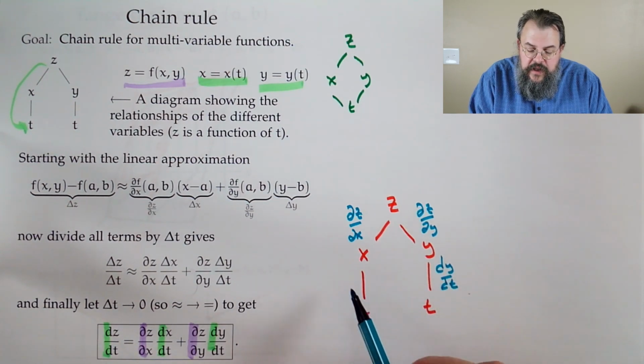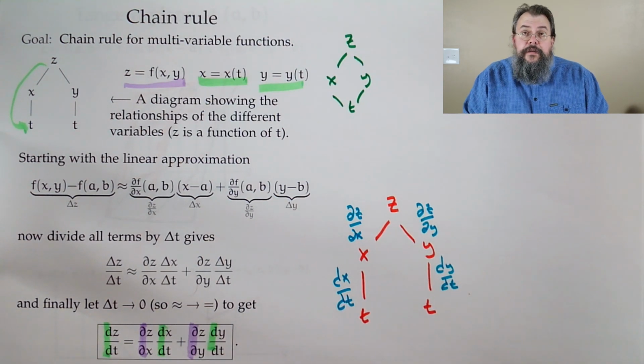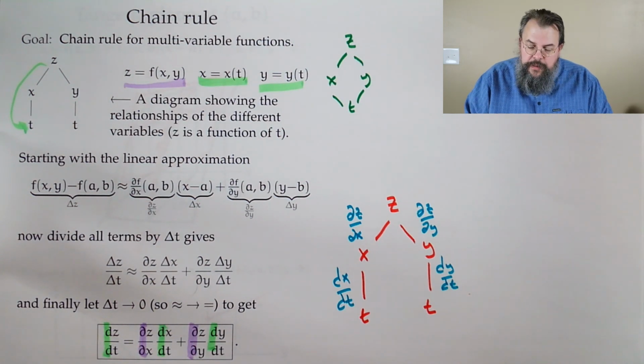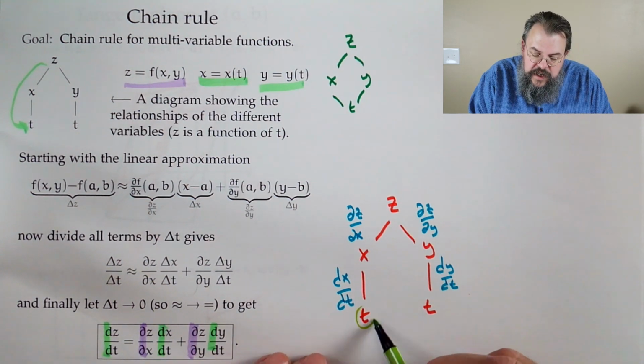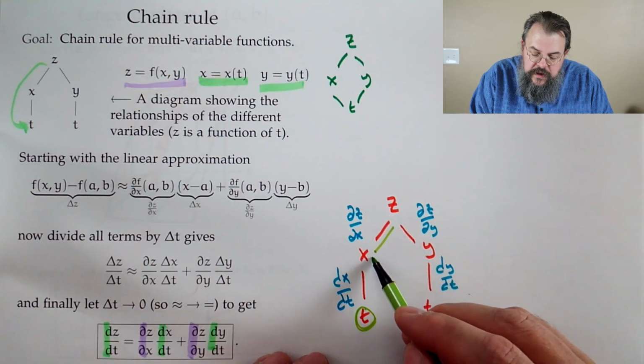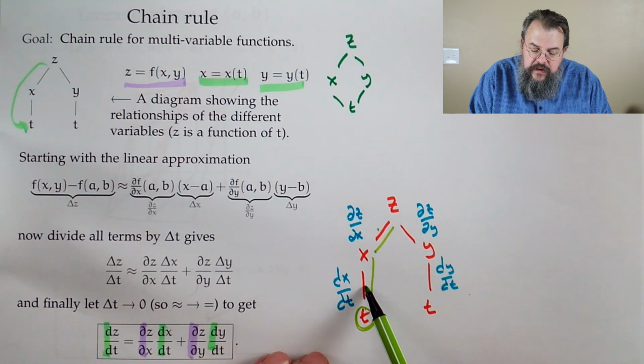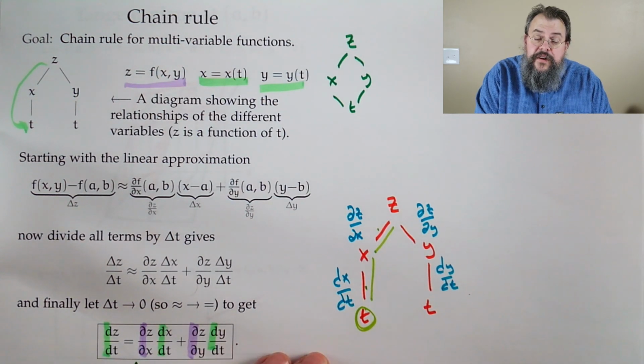Here x depends on t, that's dx dt. And so, for every time I have a t, I have to connect. As an example, there's this t here, so I'm going to go down. And I say, okay, there's a partial z partial x, dx dt, and I'm multiplying them together.